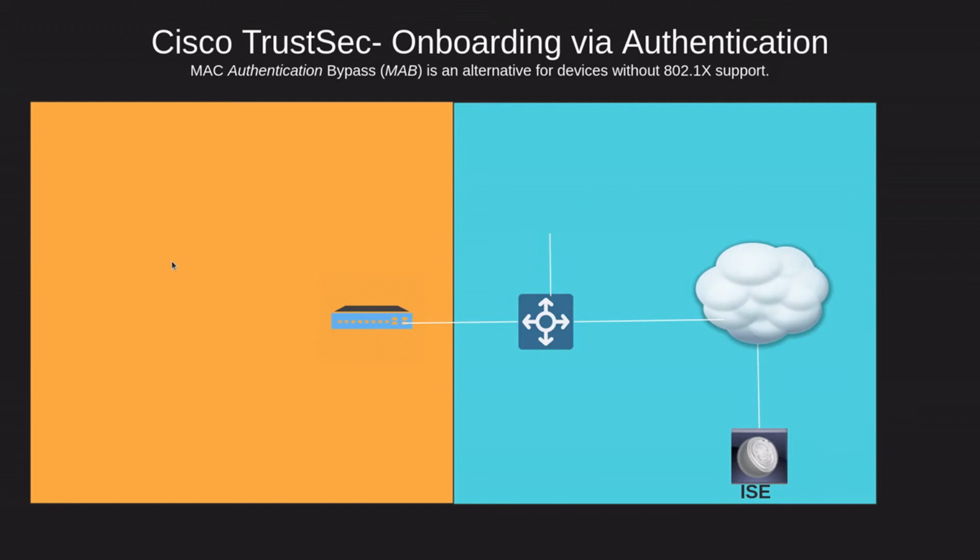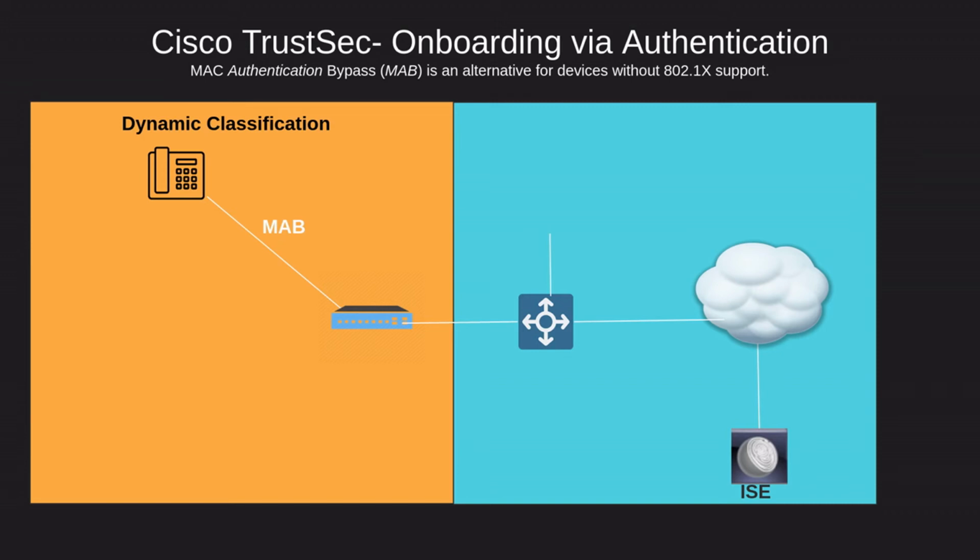Now we can go over a little bit of the Cisco TrustSec onboarding via authentication, and we are going to go over dynamic classification and also static classification. For dynamic classification, let's say for a phone, there are some phones that are unable to do 802.1x authentication.